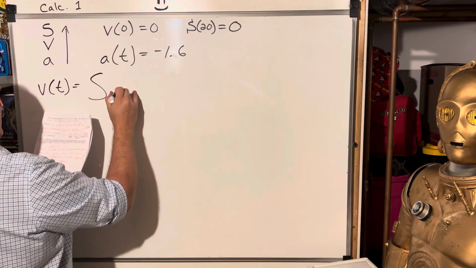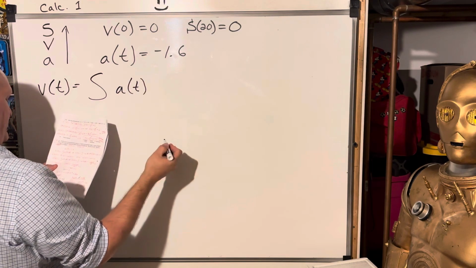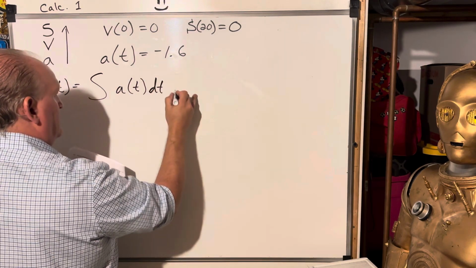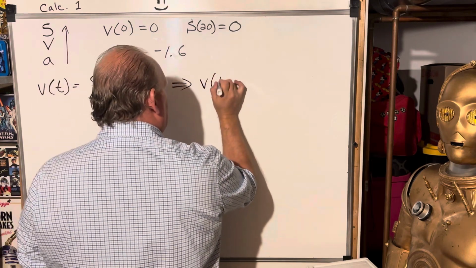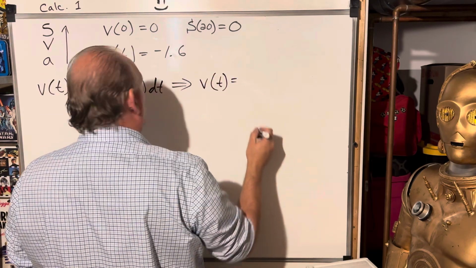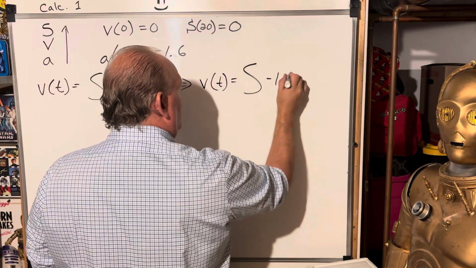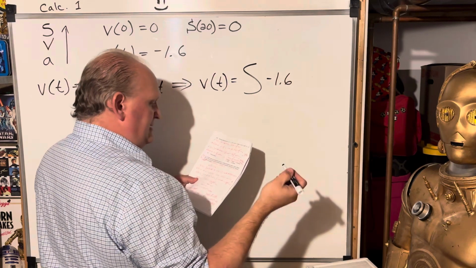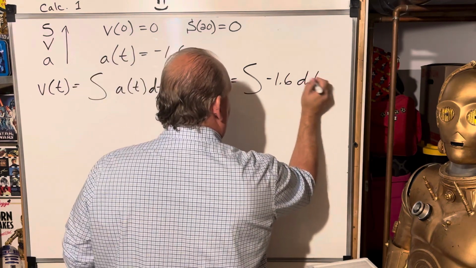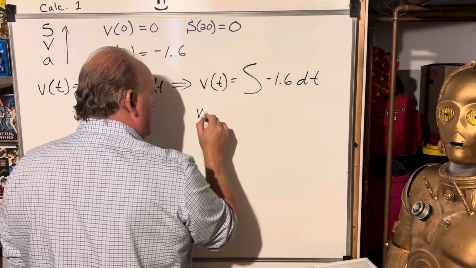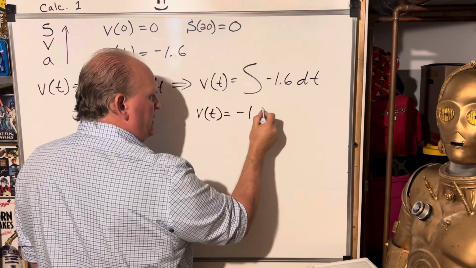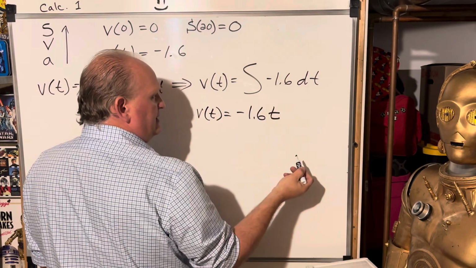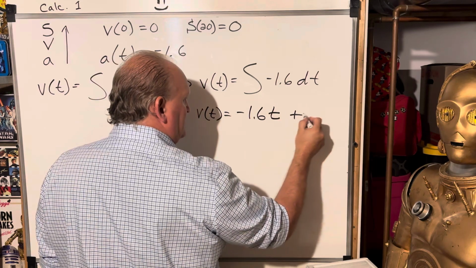We're going to take the integral of the acceleration, a of t dt. So what is that going to look like? Well, then we're going to say our velocity is equal to the integral of negative 1.6 dt. So velocity is negative 1.6 t plus c.